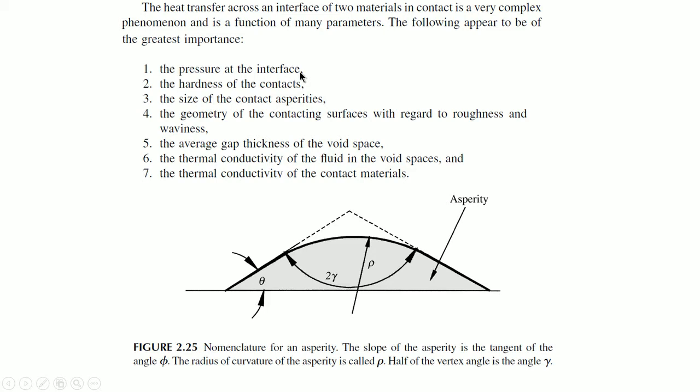Heat transfer across an interface of 2 materials is very complex. They appear to be of great importance. You understood, no? It is not fully understood except in idealized cases where they have actually taken various types of things. One of them is pressure at the interface, hardness of the contact, and size of the contact asperities.